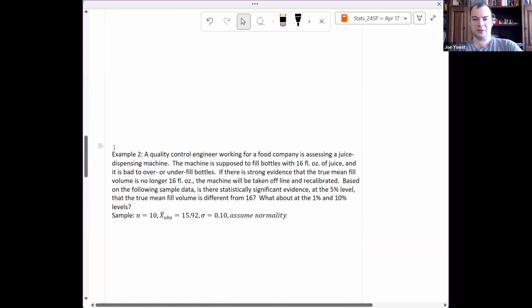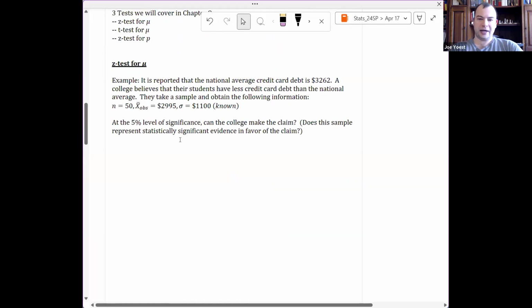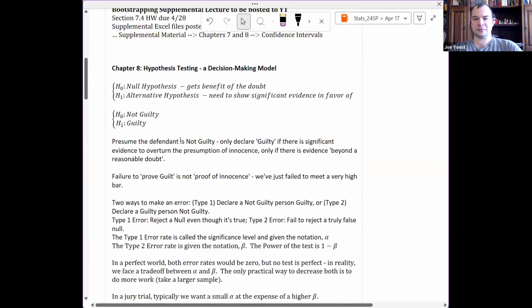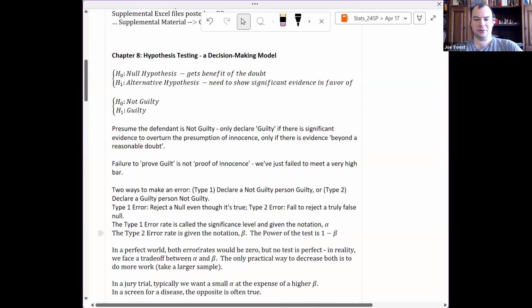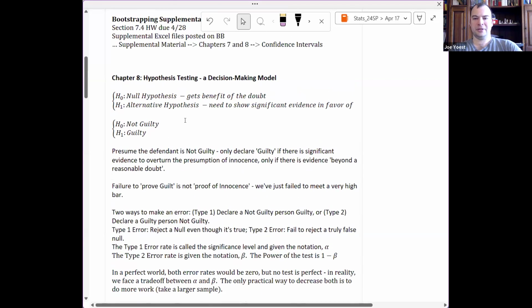And then we'll work through a fresh example 2 down here after that. But I think it does benefit us to go through this logic of hypothesis testing several times. We did the narrative, we talked in general about it, we went through an example, and I think going back through what we did last time is time well spent.